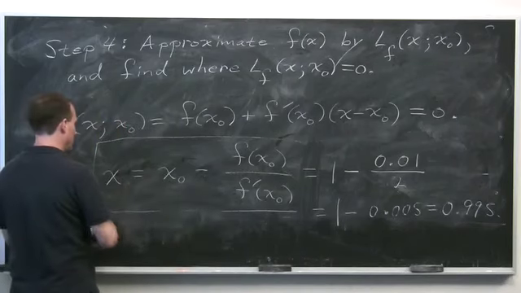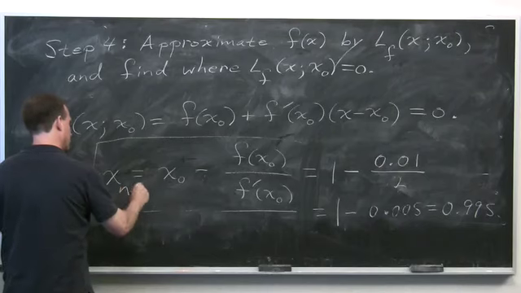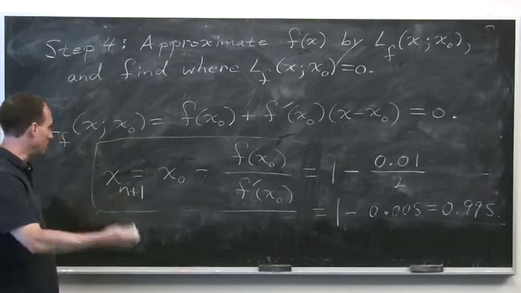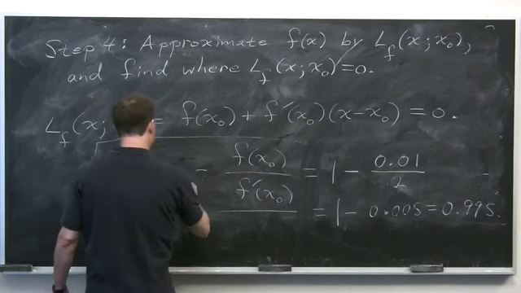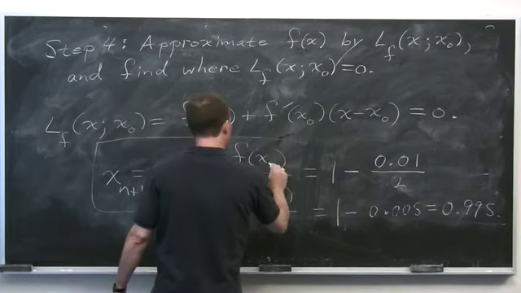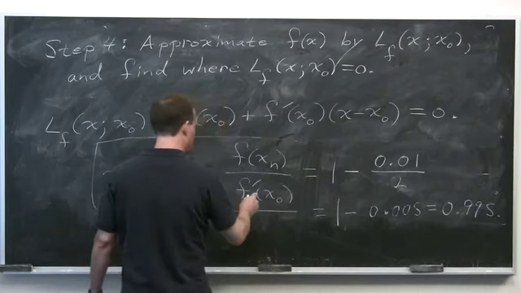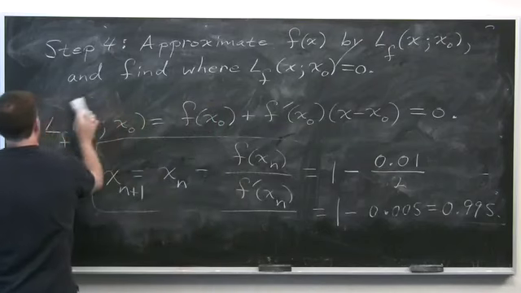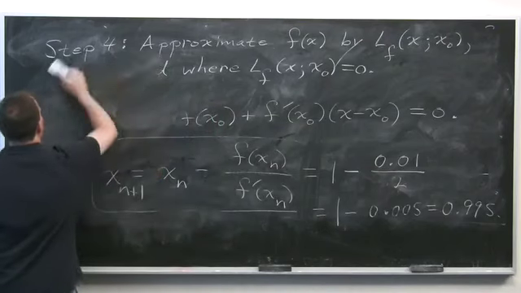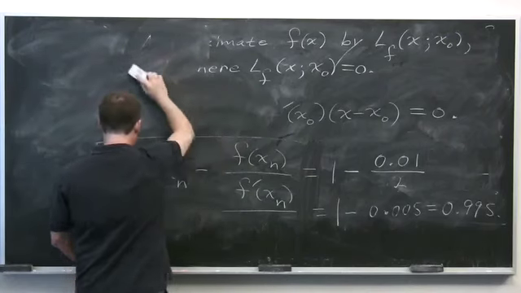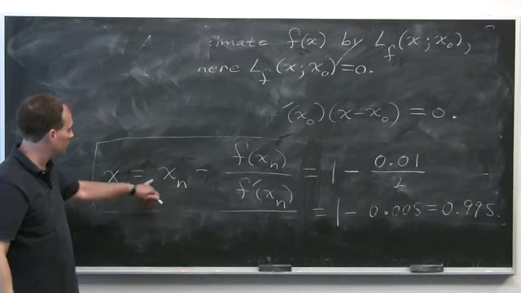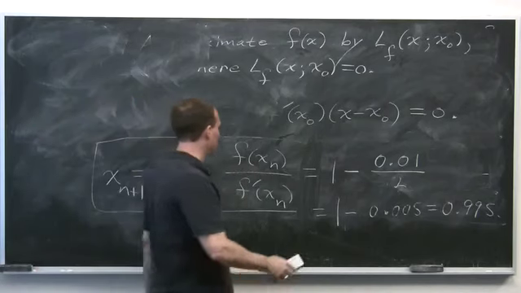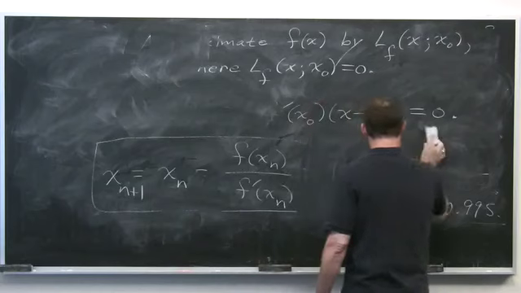Newton's method is always that the next x in your sequence of approximations, you take your previous x value, x sub n, and you subtract f of x sub n divided by f prime of x sub n. And so, what would we get for x sub 2? That means n is 1, so you get x sub 2 equals x sub 1 minus f of x sub 1 over f prime of x sub 1.